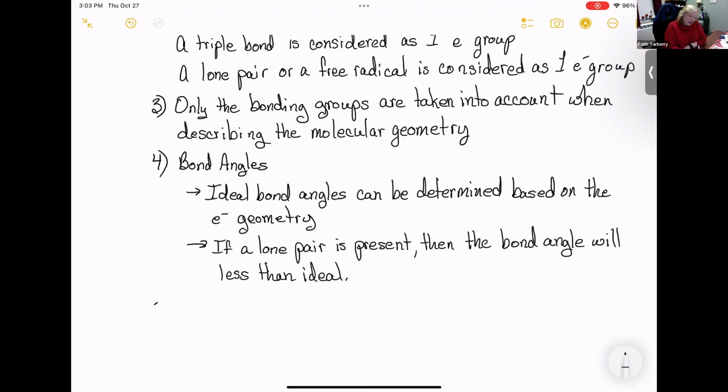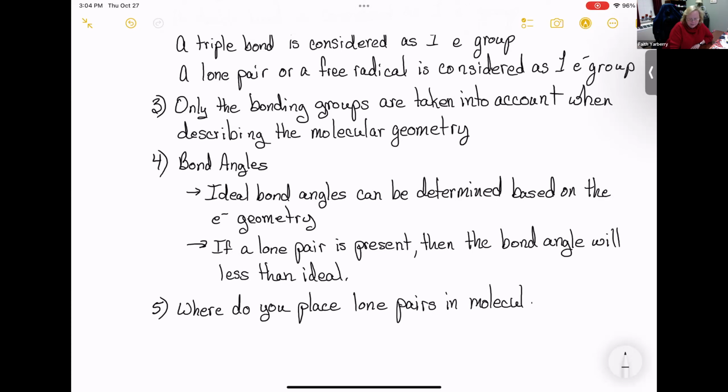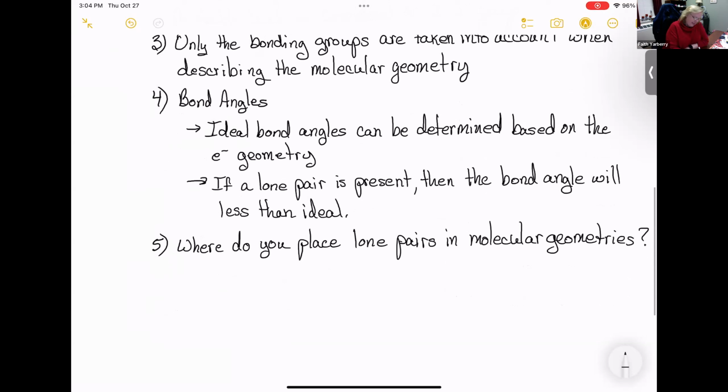The other thing that came out in this particular one is, where do you place lone pairs in molecular geometries? If, let's actually change that molecular to electron.